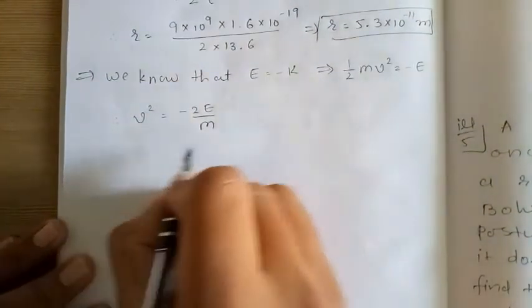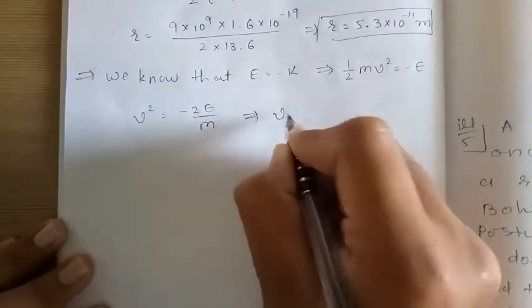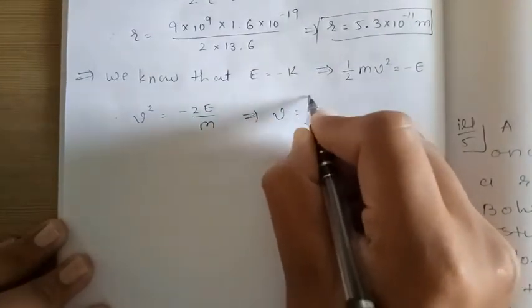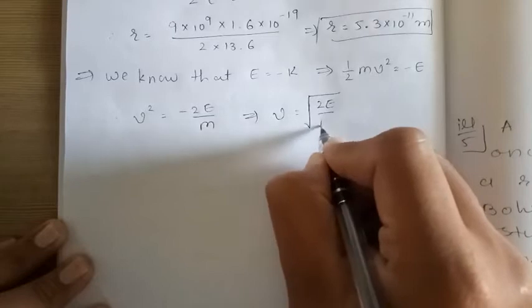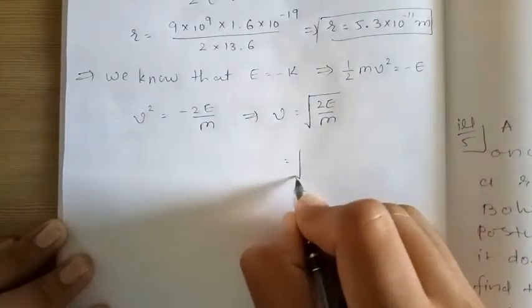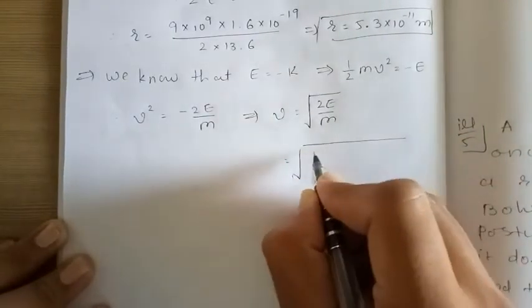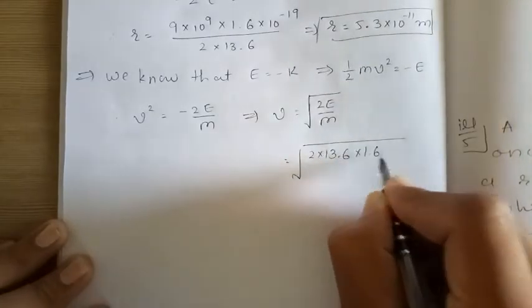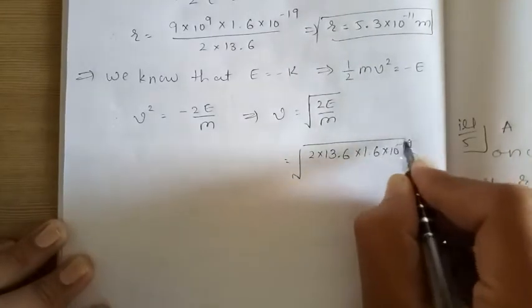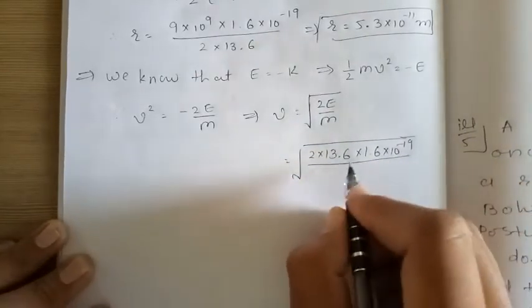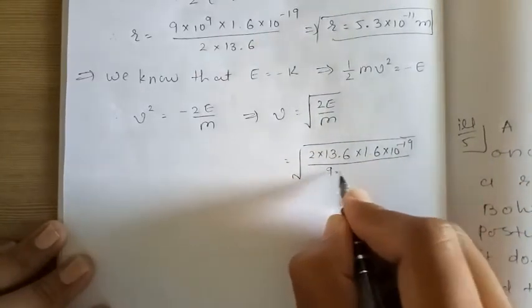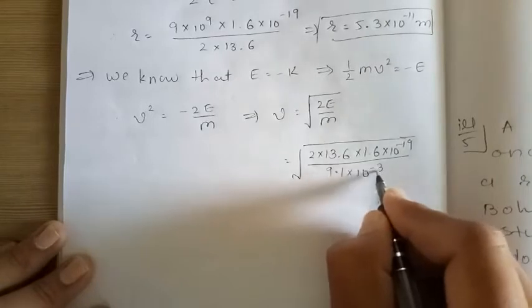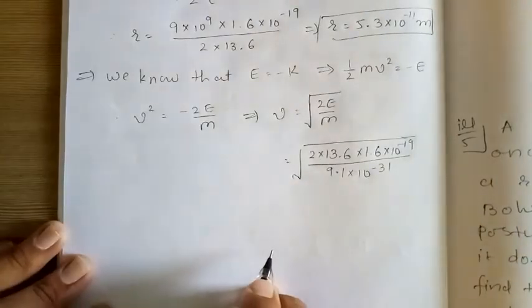So we can write that v is equal to under root of 2E upon m. So under root of 2 into value of E, 13.6 into 1.6 into 10 raised to minus 19, upon mass of electron 9.1 into 10 raised to minus 31.